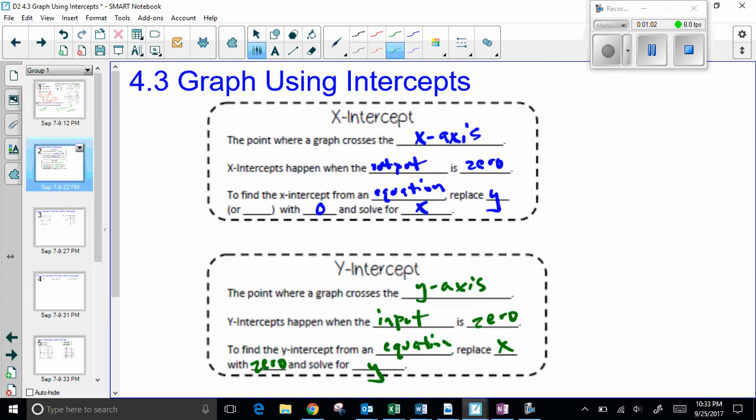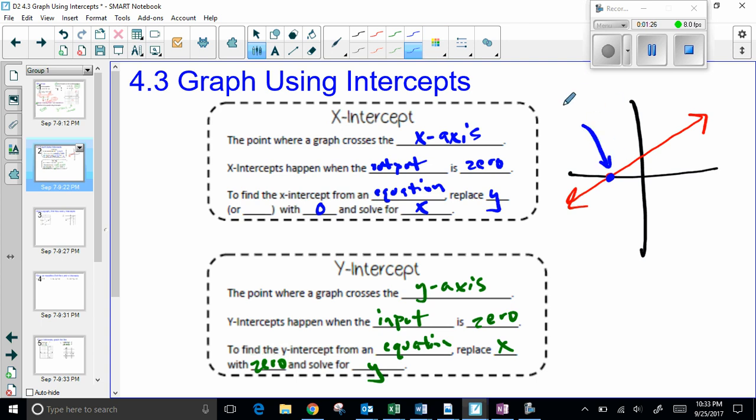So if we go on to the next slide here, to find the x-intercept, it's the point where the graph crosses the x-axis. So if I draw a picture here, and I have my line, my function that I've graphed here, where the line crosses the x-axis, right here. This is the x-intercept.